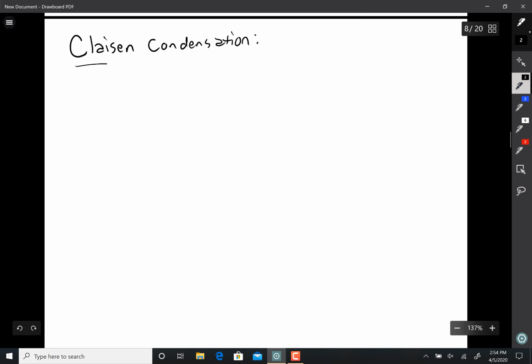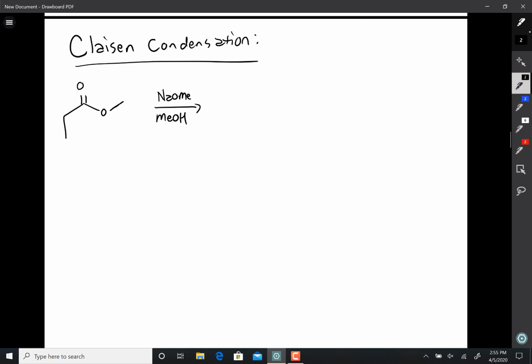You don't necessarily need to use LDA to do the Claisen condensation. You can use an alkoxide with that.